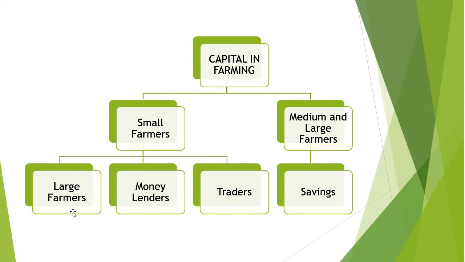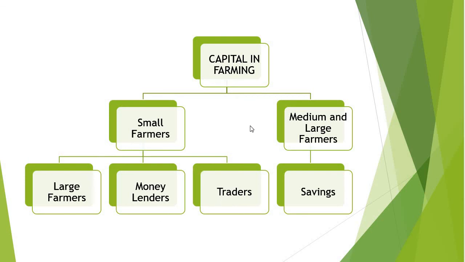The second is by borrowing from money lenders, and the third is by borrowing from traders. All these three groups of people charge a huge amount of interest. As a result, the small farmer has a very tough time paying off these people.